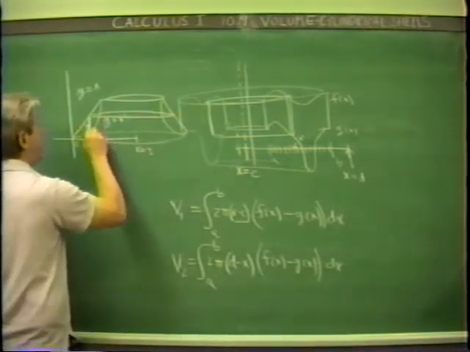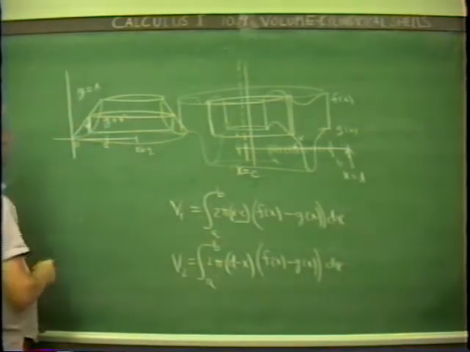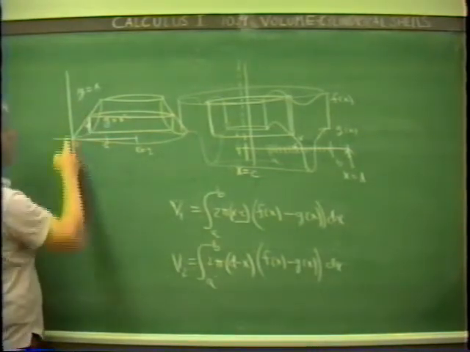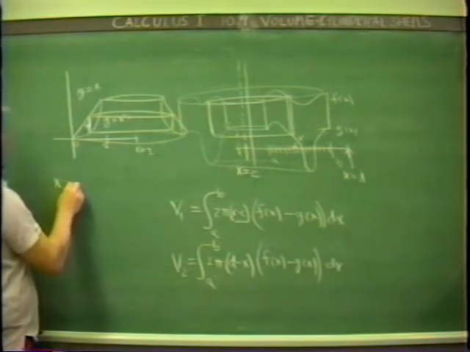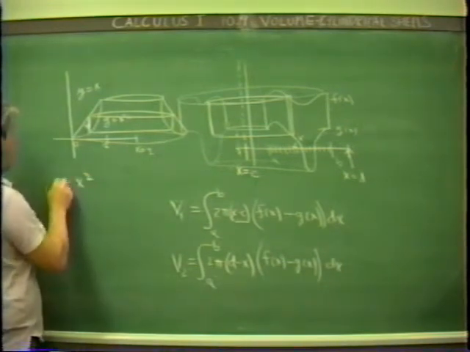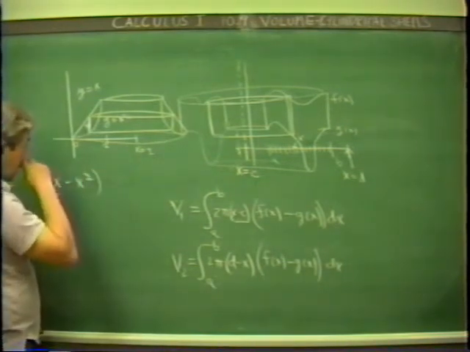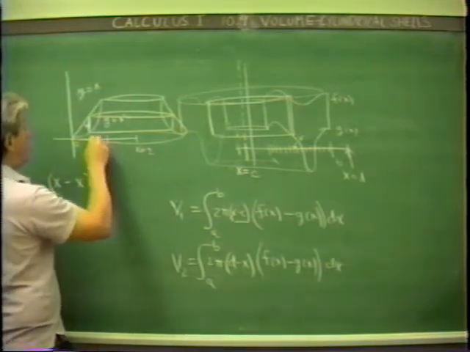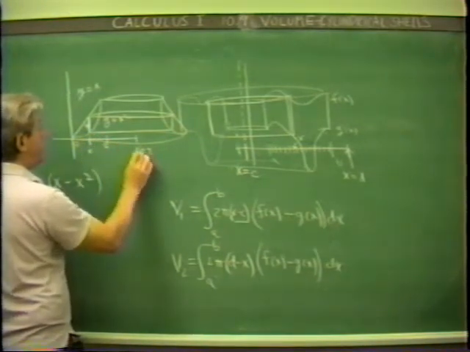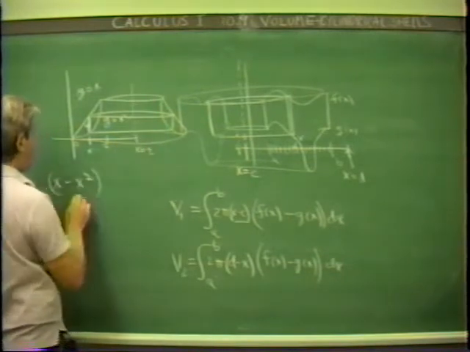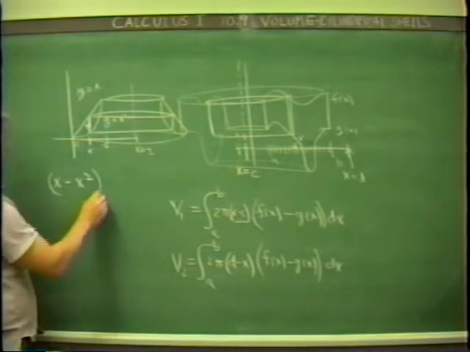By the shell method, we consider a small piece like this. It results in a small shell. The height of the shell, the upper function is x. The lower function is x squared. So this is the height. The radius, if this is x here, this is 2 over here.